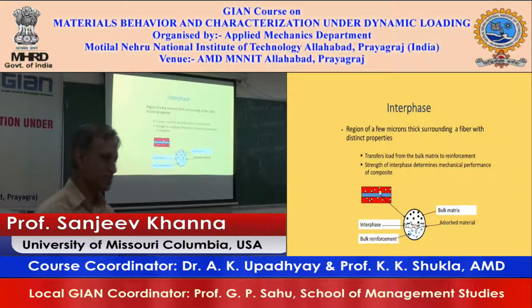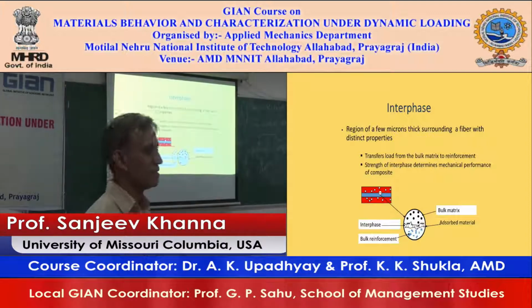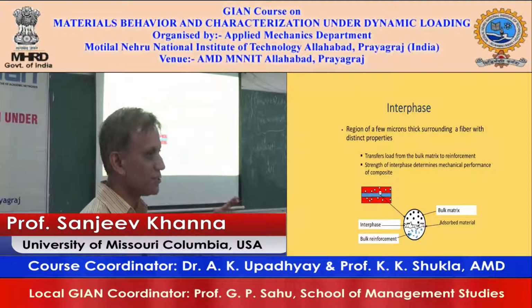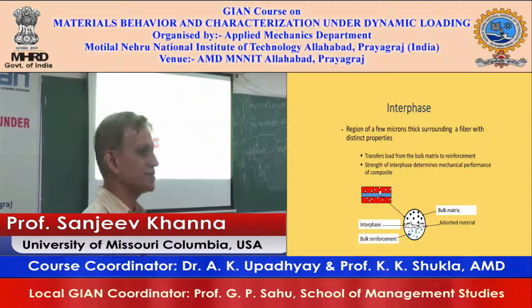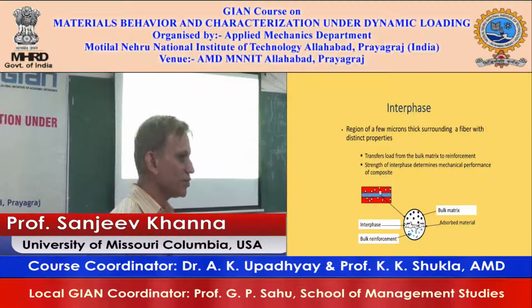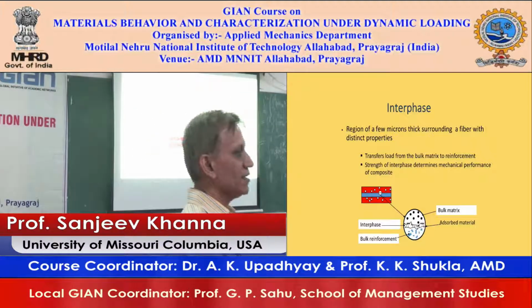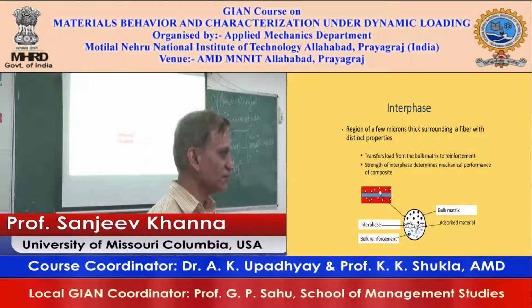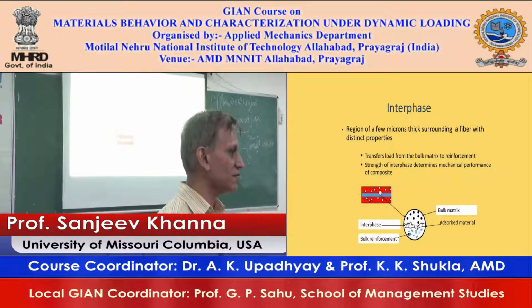So the focus here is on how you know the property of the interface. Like in this, you add glass fibers, you add carbon fibers, you add this. And you all know that the interface affects the total response, the mechanical properties of the composite.